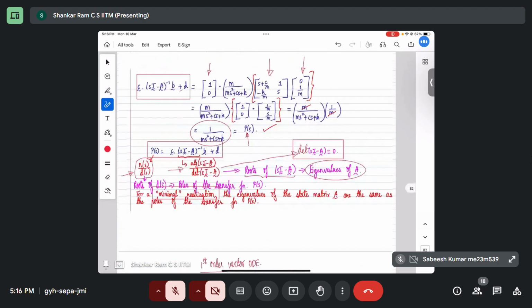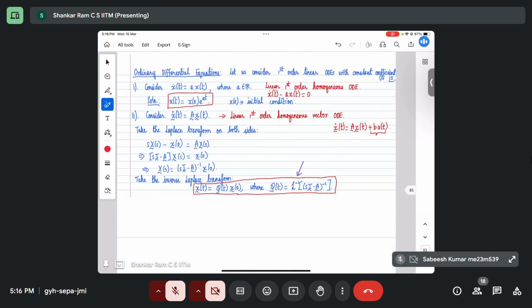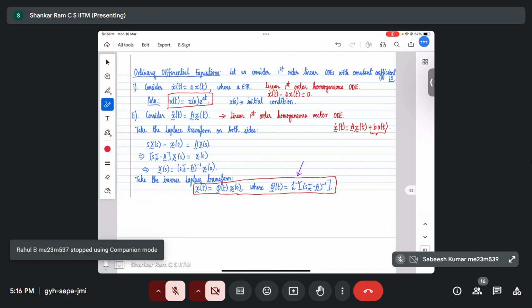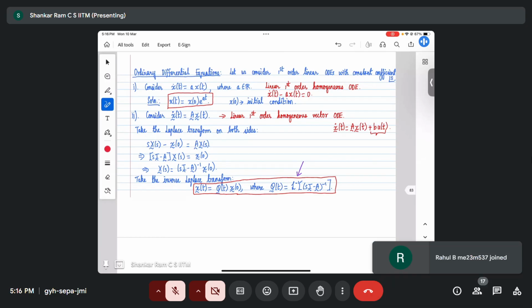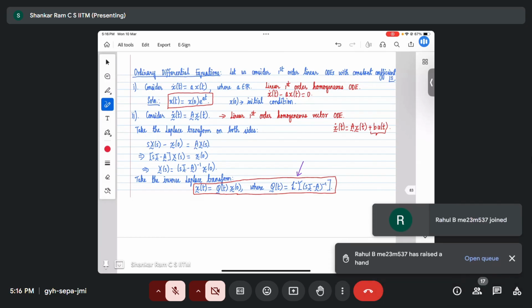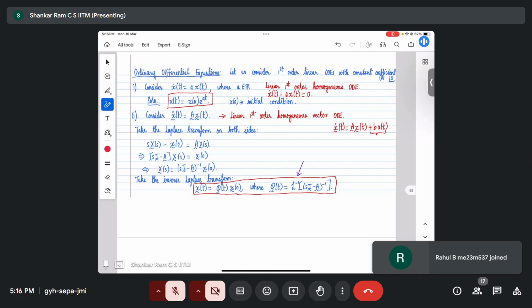So now, going to ODEs. By the way, I think yesterday all of you mentioned that you are yet to do your computational engineering course, right? Am I correct? Yes, sir. Okay. In fact, if you had done that course, you would have revised a lot of things about matrices, vectors, and eigenvalues and eigenvectors.